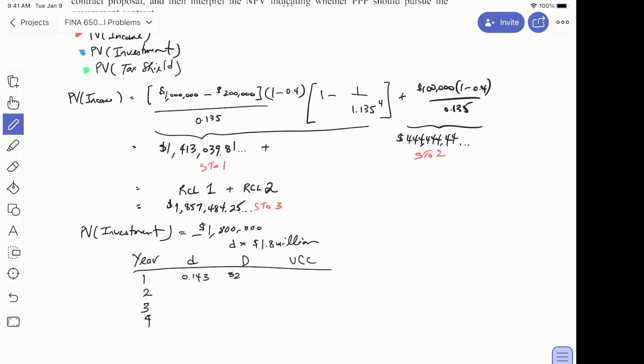So 1.8 million times 0.143 is what? 257,400. Leaving undepreciated cost of capital of 1,542,600. You guys are good. Are you guys using Excel or just did it by yourself?